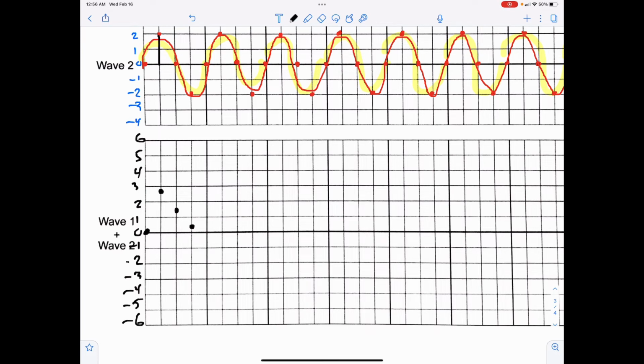Okay, and then we're back up to 2.8. So block 4, we're back up to 2.8, like that. Now block 5, we're up to 5.3.